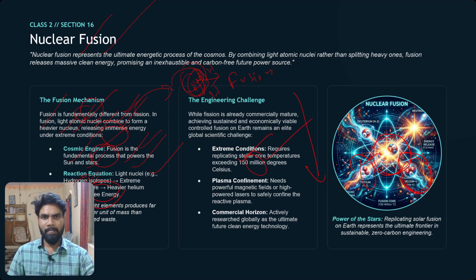You imagine it. It also needs powerful magnetic fields or high-powered lasers to safely confine the reactive plasma. Then we can commercially start exploiting it. But until now it was not possible. Several countries are experimenting with nuclear fusion.